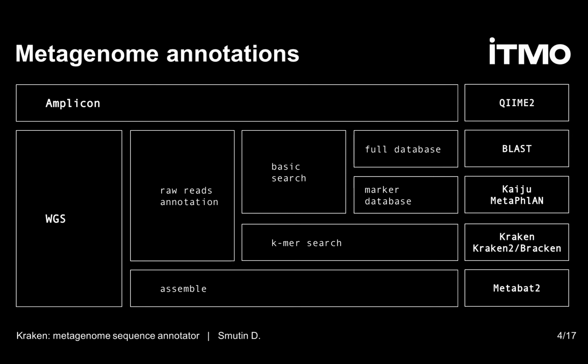And the other approach is a base search, where we can choose between searching on the full database, as different BLAST implementations work, and we can search through a marker database. That is how Kaiju and MetaPhlAn work.